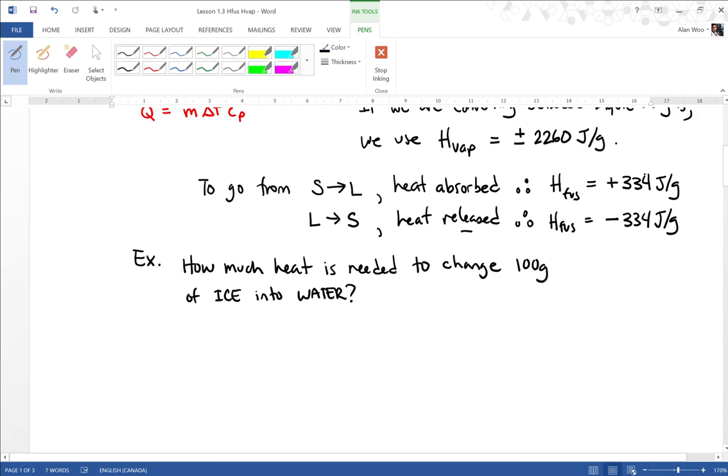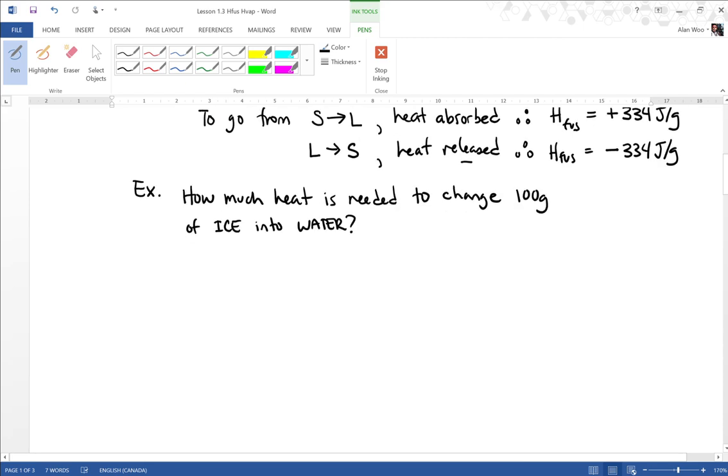Because we're looking for heat, heat is Q. The 100 grams is our mass, the mass of ice that we need to convert into water.